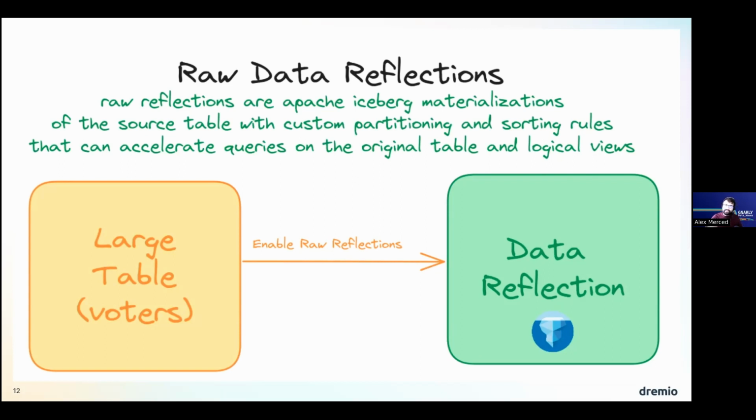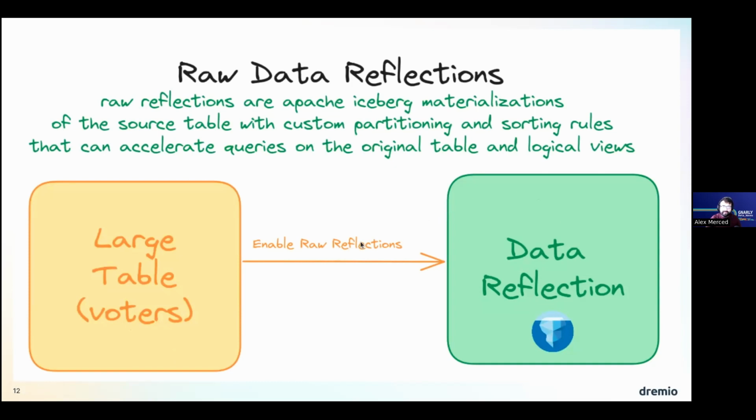But the data reflection can also have custom sorting and partitioning rules. So I can say, you know what, I have this large table of voters that's not partitioned, it's just a large table of voters, but I want you to create a data reflection that has the data partitioned by state. So already we're going to see benefit because that data reflection is partitioned, and it doesn't create a new namespace.